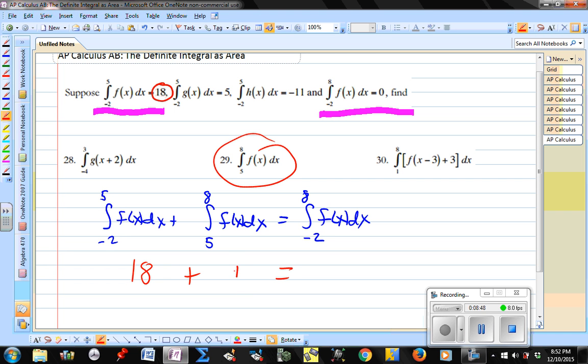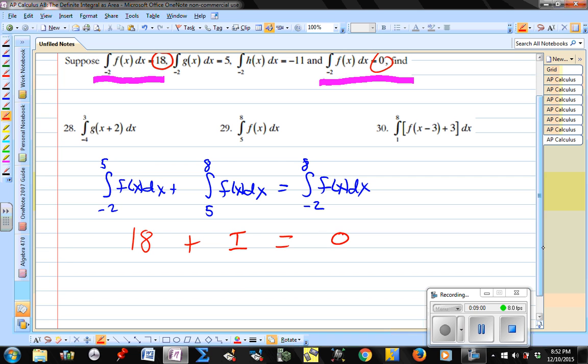Let's call it capital I for integral. And then the integral from negative 2 to 8 was given over here, which is 0. So with algebra, if we want to solve for big I, just subtract 18 from both sides, we get 0 minus 18, or negative 18. This is how we would do a problem like number 29.